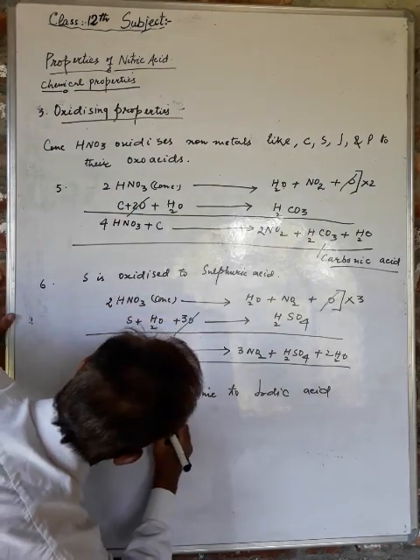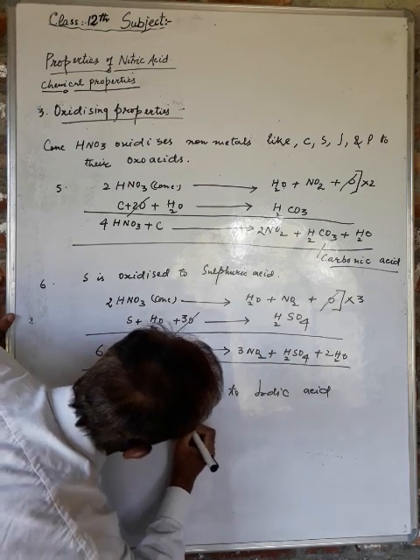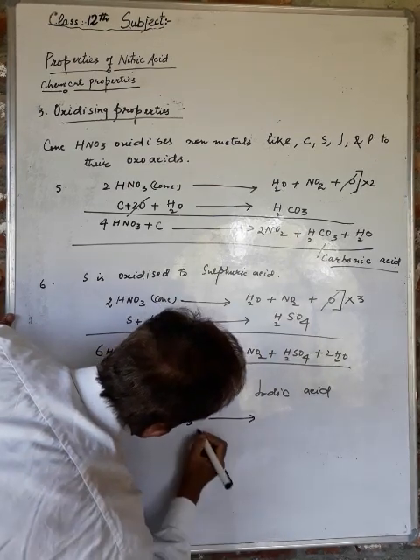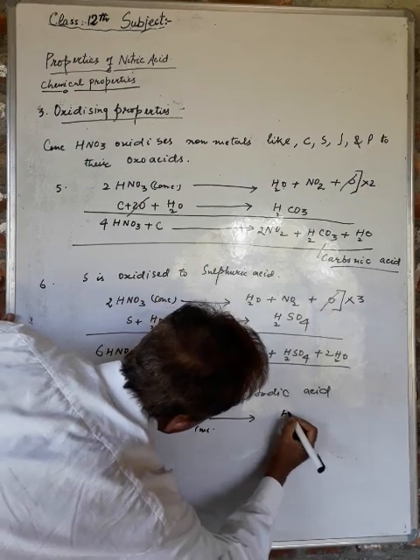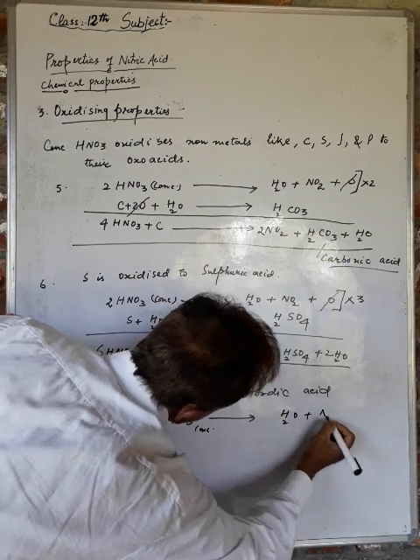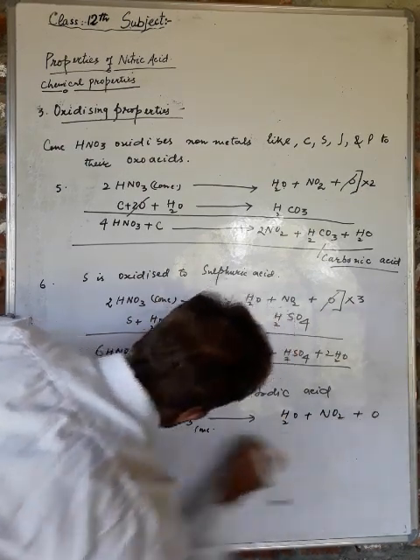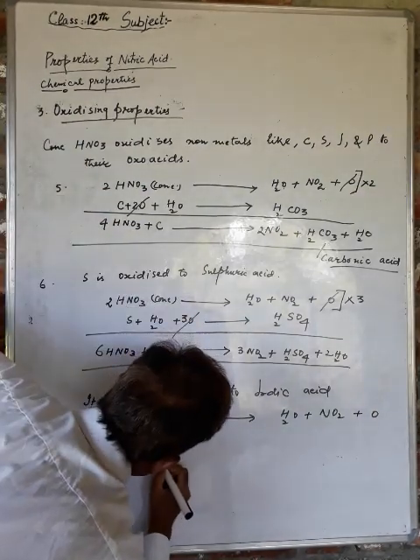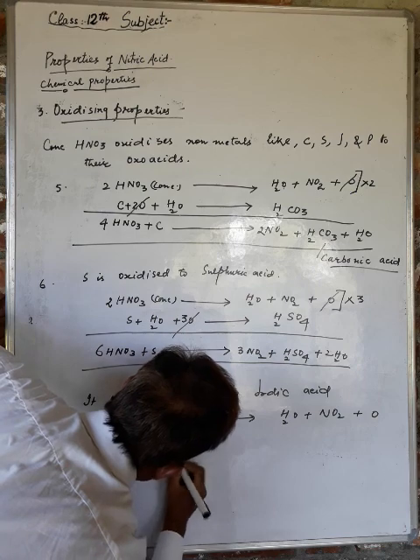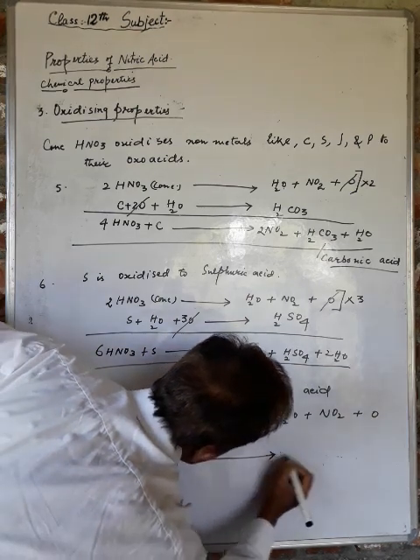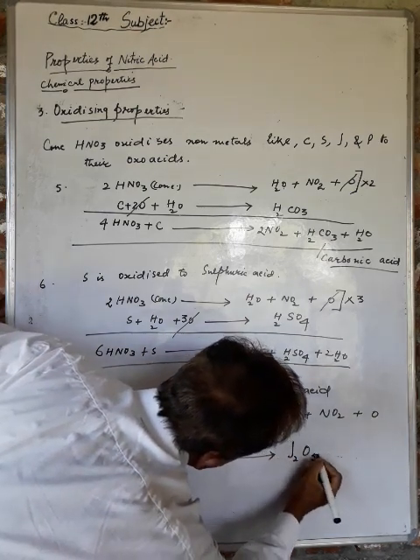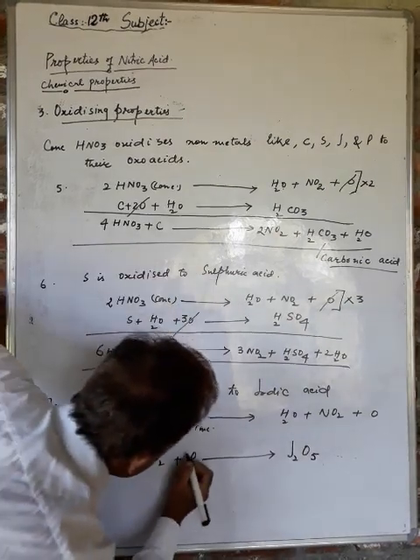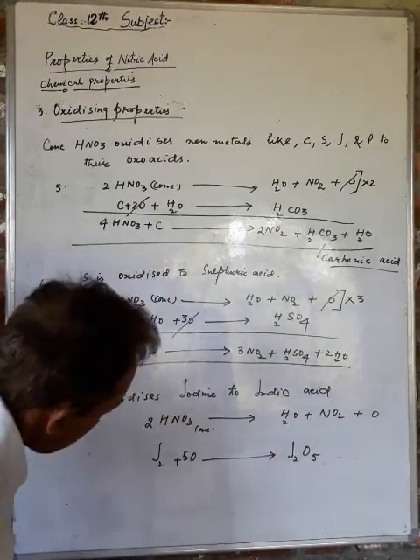That is, concentrated HNO3 gives H2O plus NO2 plus O, twice iodine plus nascent oxygen. First I2O5, iodine pentoxide, is formed, so 5 times.